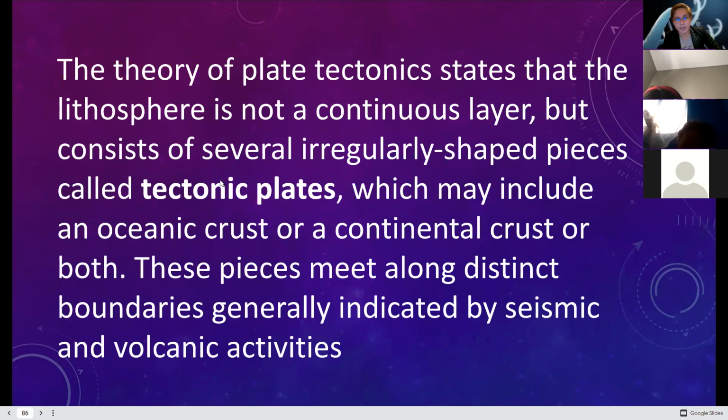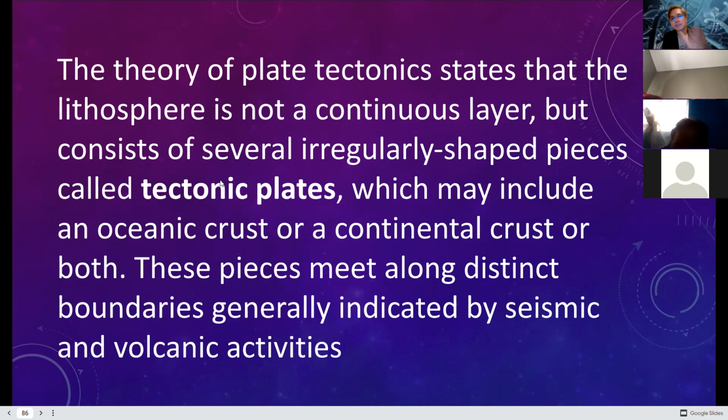This is the reason why we have a lot of volcanic activities and seismic activities, or seismic waves, because there is a movement of these plates. It is always associated that if there is a movement of plate, there is also a lot of volcanic activity in that area, and there are also a lot of earthquakes there.